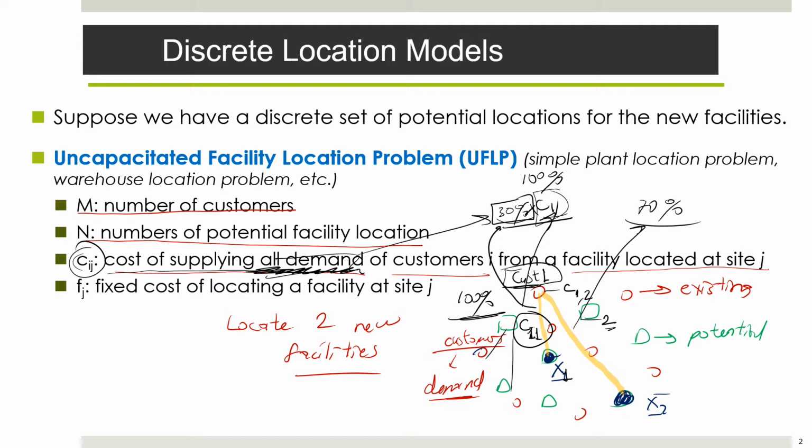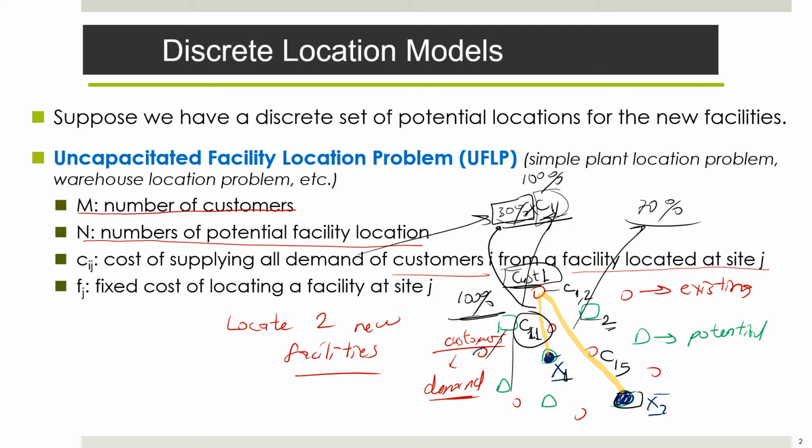Similarly, this one will be 70% multiplied by, let's say, C15, if this is the fifth candidate location. So again, this cost is given as the cost of satisfying all demand.